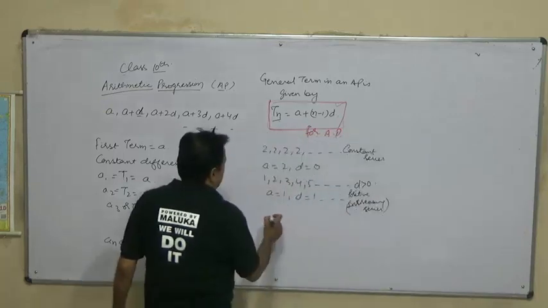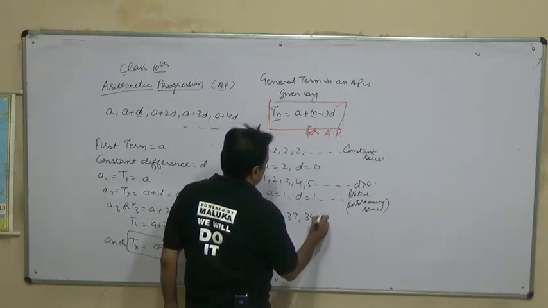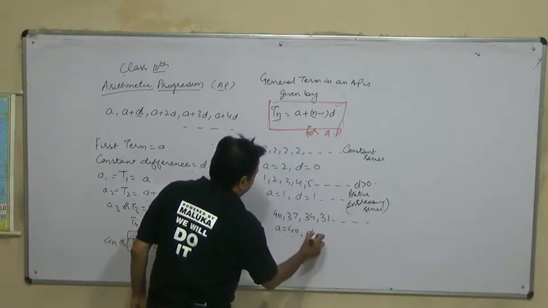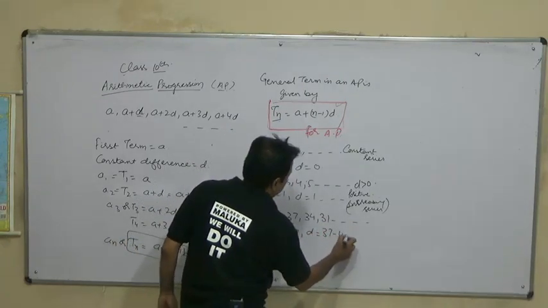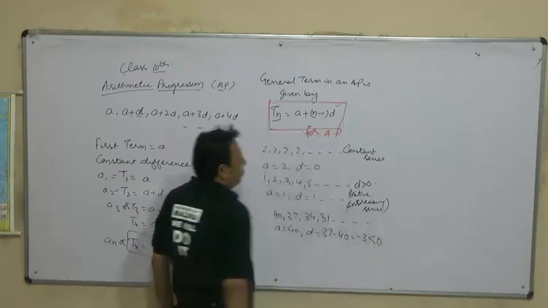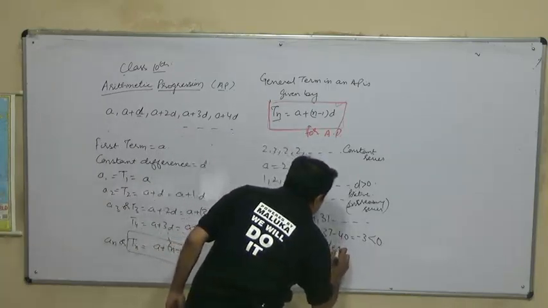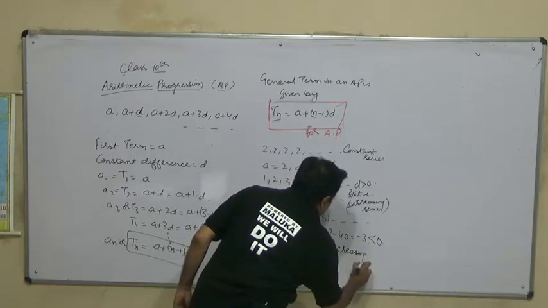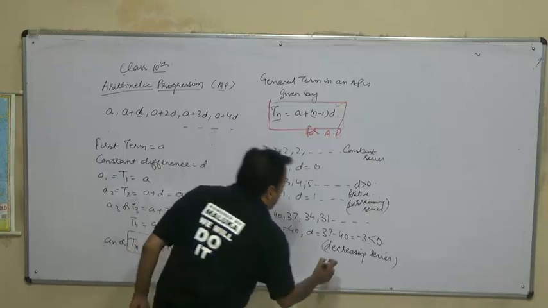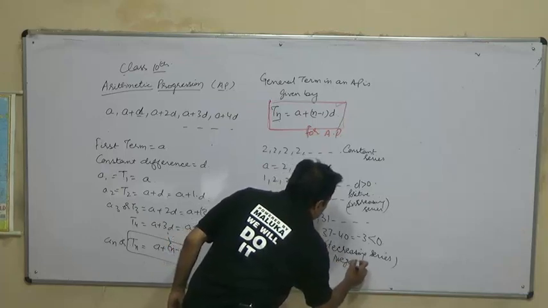And if we have 40, 37, 34, 31 and so on, here the value of A is 40 and the difference is 37 minus 40, which is minus 3, which is less than 0. So when the difference is less than 0, we get the decreasing series, or we can say negative series.